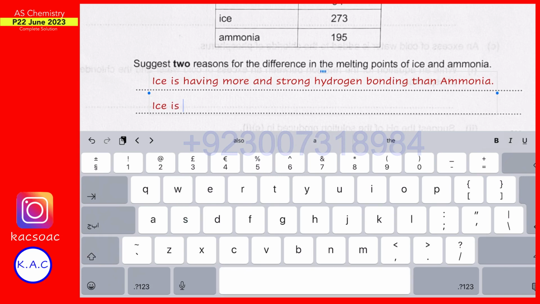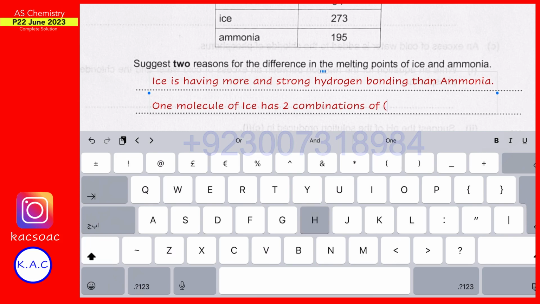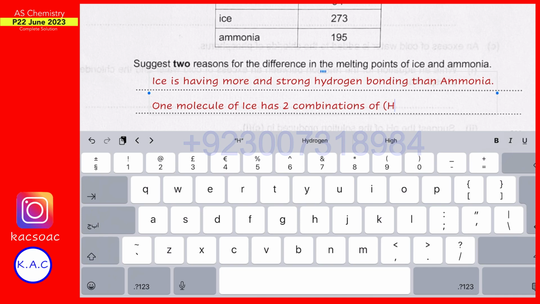one molecule of ice has two combinations of partial H positive and lone pair.